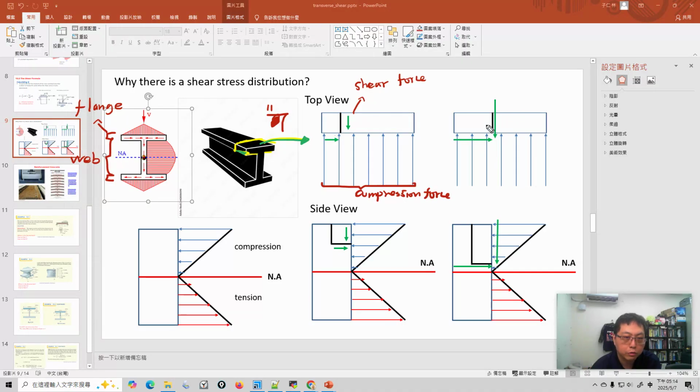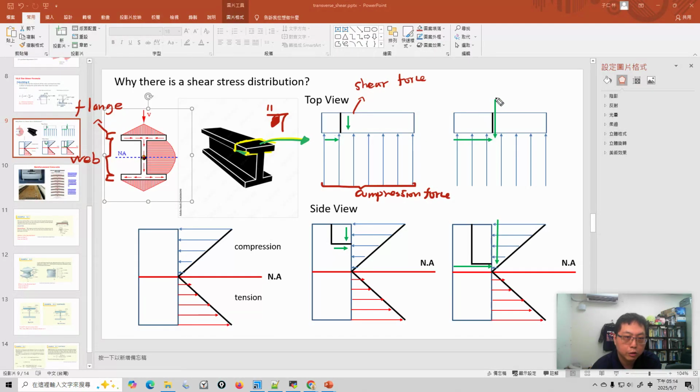So for this element, it needs a greater, larger shear force to resist the compression force here to reach rigid body equilibrium. So the shear force here must be greater than the shear force here.